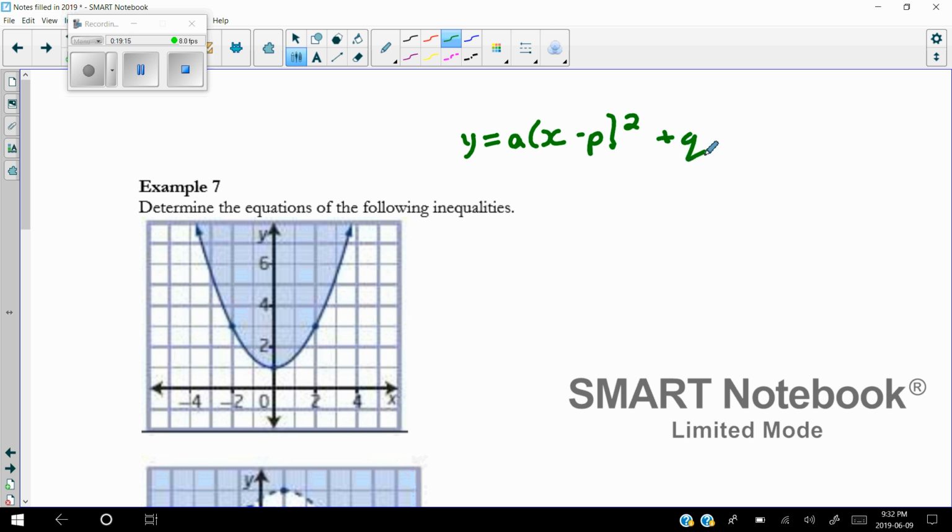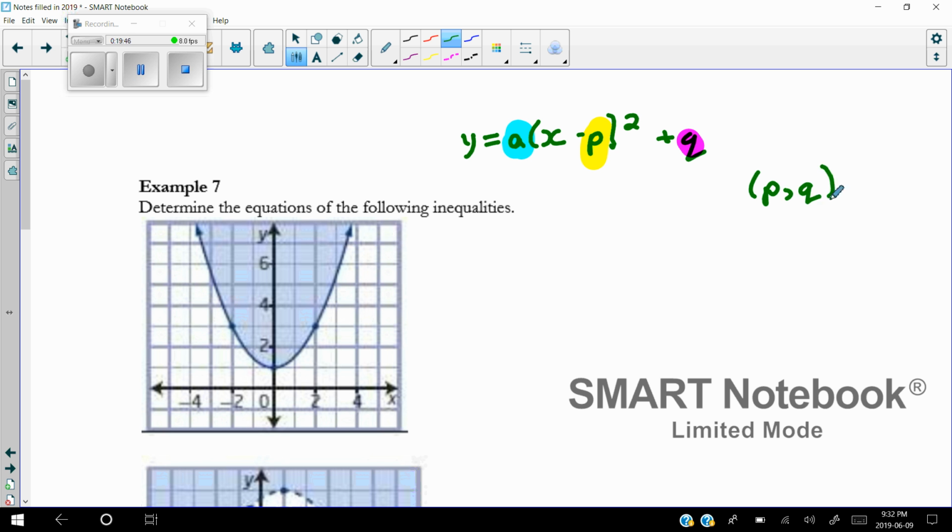So there's a few things you need to know about that. A indicates the direction of the opening. P indicates a point on the vertex, and also how far it shifted right or left. And Q represents the other point of the vertex. So my vertex of this function here would be (p, q).